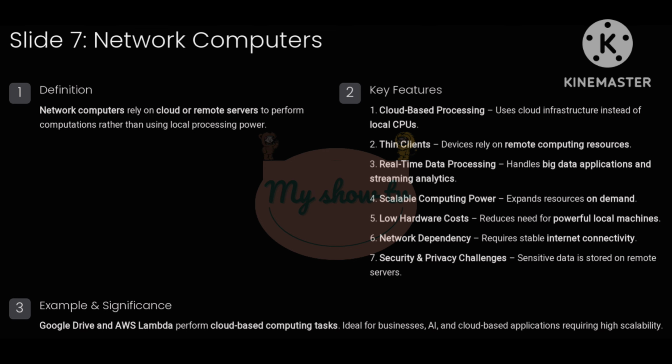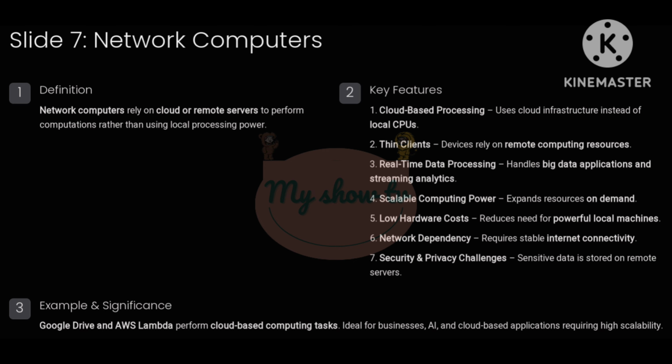4. Scalable computing power. Network-based systems allow on-demand scaling, ensuring efficient resource allocation. 5. Low hardware costs. Since processing is offloaded to cloud servers, companies can use affordable client devices. 6. Network dependency. These systems require a stable and fast internet connection for seamless operation. 7.